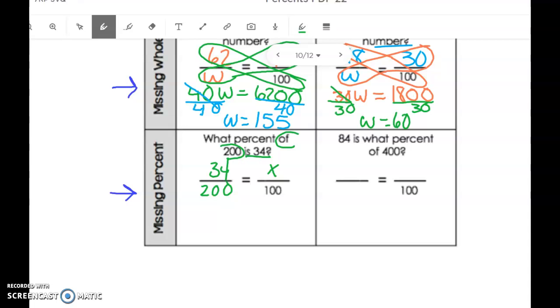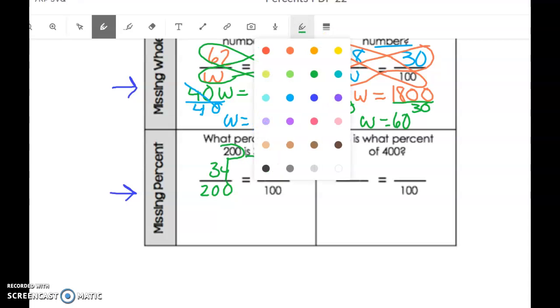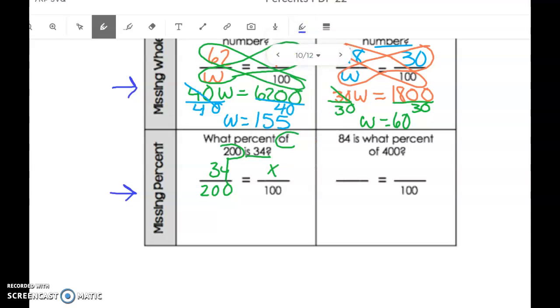Now, this problem we could do with just equivalent ratios and it wouldn't be too hard. But since today we are using proportions, we are going to work it out in steps. So I'm going to start with the variable because that's my favorite. 200 times X, put it together, 200X is equal to 100 times 34. Well, that's just 34 with 2 zeros.